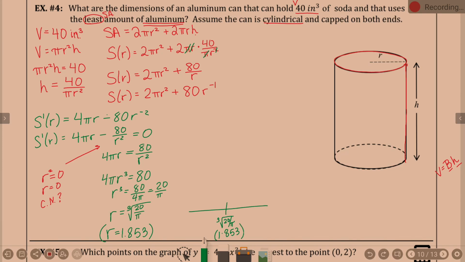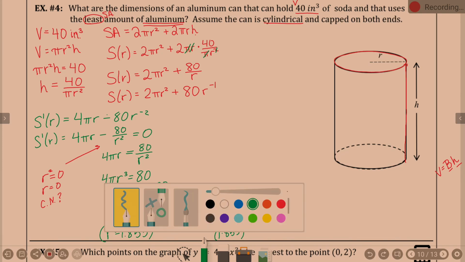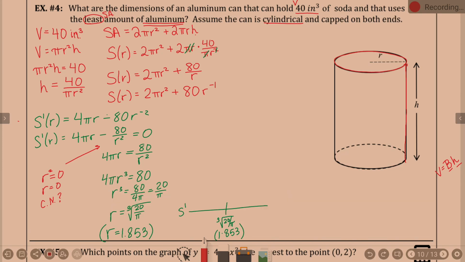And right here, this is where the 1.853 is helpful, yes? Because a number below 1.8 and a number above it, okay? And again, we are plugging this into S prime. So go back to one of those two formulas is what I would say. I'd plug in 1 and 2, is that what you're using? I'm using 1.